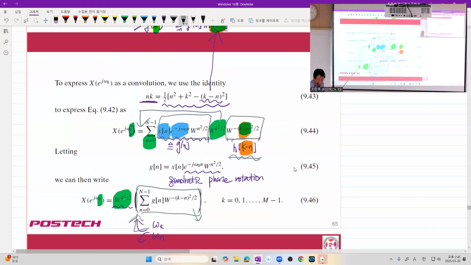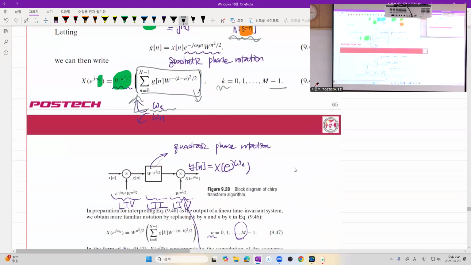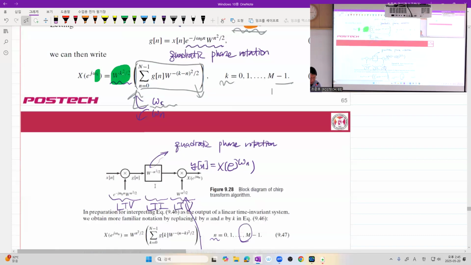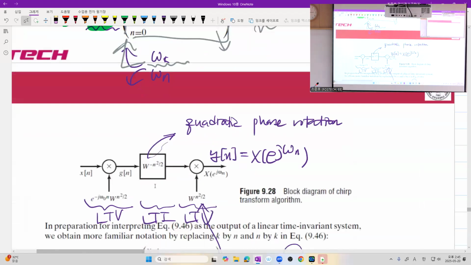So up to this point, we focus on omega sub k, and k runs from 0 to N minus 1. But when they show the block diagram, they go back to n, much to our confusion.